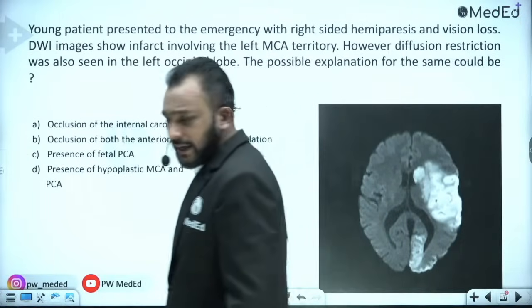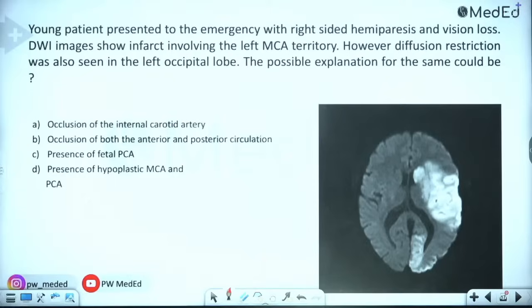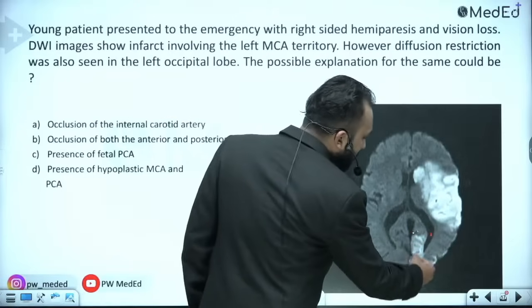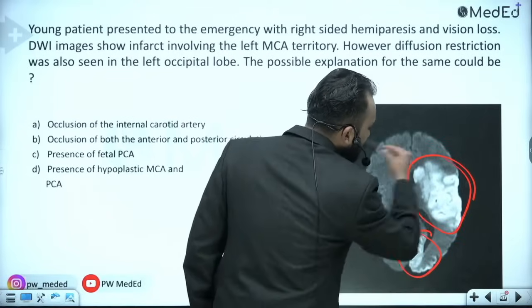So let us try to answer this question. A young patient presented to the emergency with right-sided hemiparesis and vision loss. Diffusion MRI images show infarct involving the left MCA territory, and also we can see diffusion restriction in the left occipital lobe.